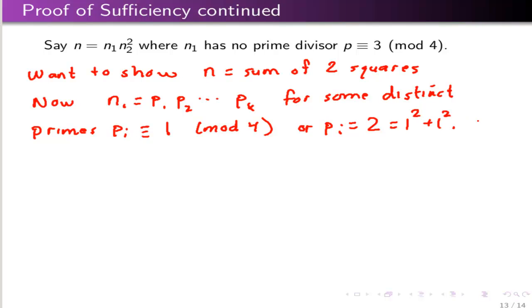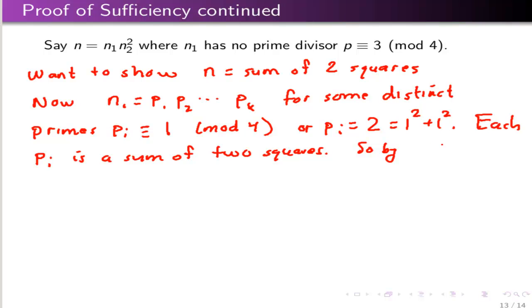Thus, each of these primes is a sum of two squares. So by the lemma we just proved, so is the product, n1.